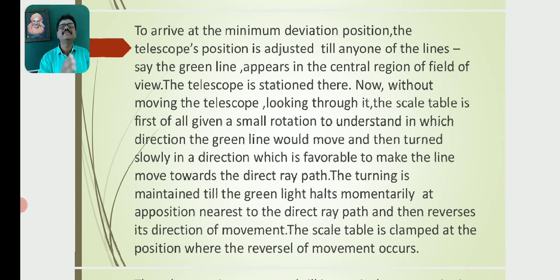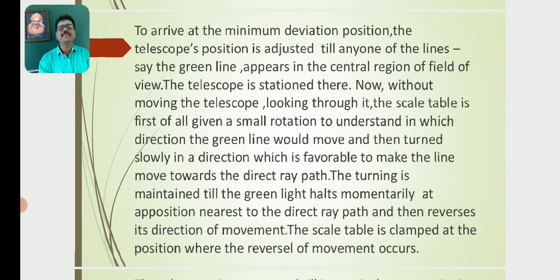The turning is maintained till the green line reaches momentarily a position nearest to the direct path, then reverses its direction of movement. The scale table is clamped at the position where the reversal of movement occurs.